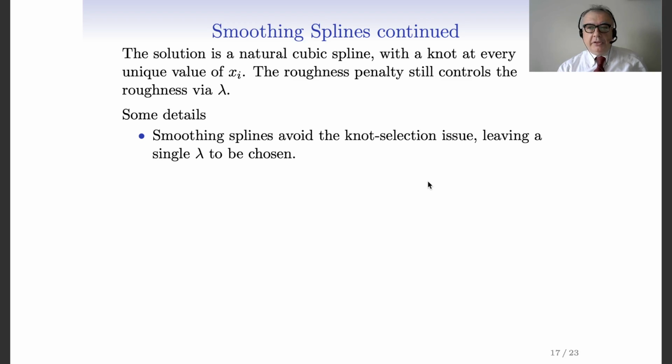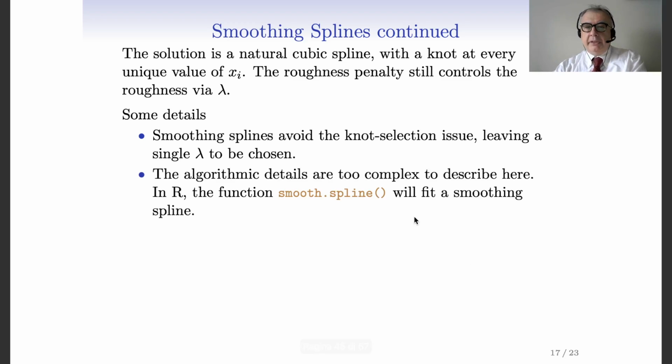Instead, in the smoothing spline problem, everything is automatic. So you just start from the optimization problem, and you will end with a solution that depends only on the value of lambda, that decides the flexibility of your regression function. So this is a very attractive property.